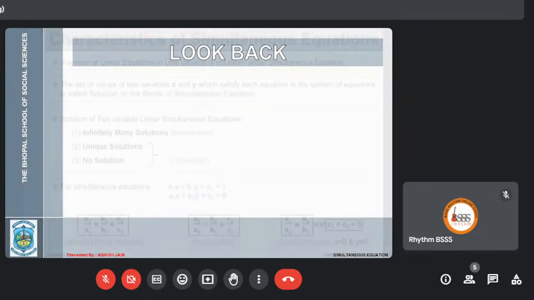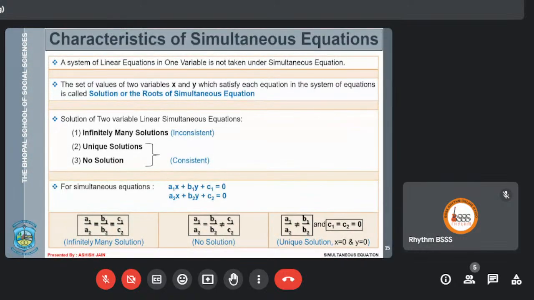Characteristics of simultaneous equations. Okay, so we have seen that a system of linear equation with one variable only is not taken as simultaneous equation because you need to have at least two variables. Okay? So a set of values of x and y are called the solution or roots of simultaneous equation. So sometimes a question will come that two equations are given and it asks you to find the roots of these equations.